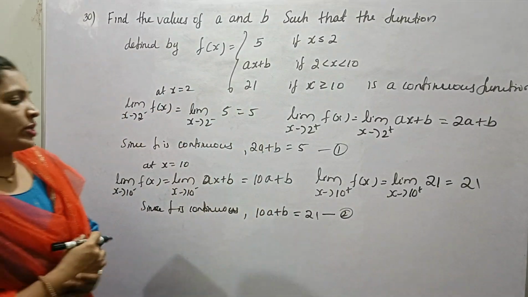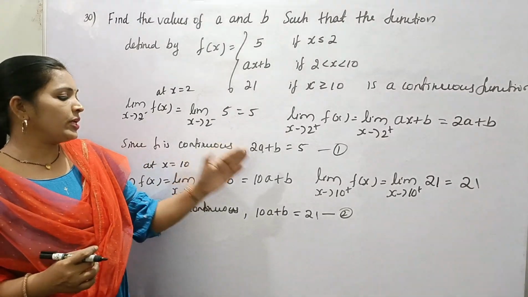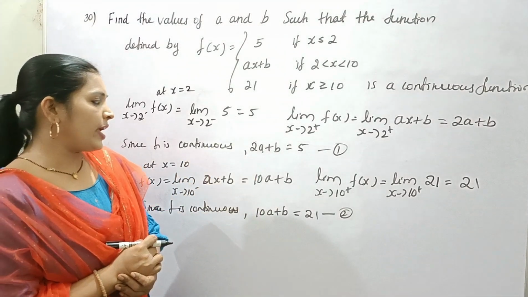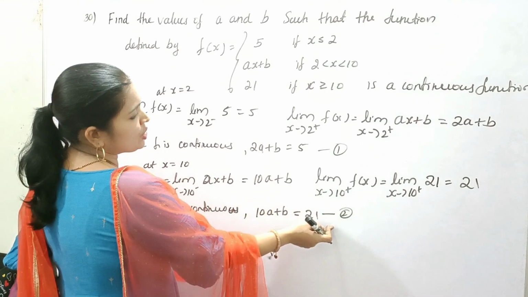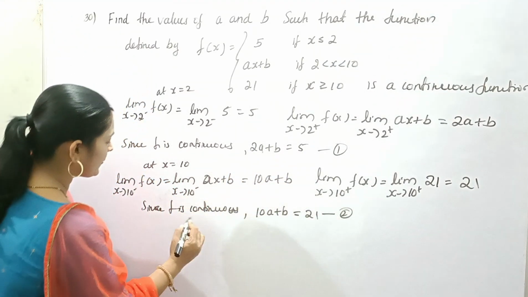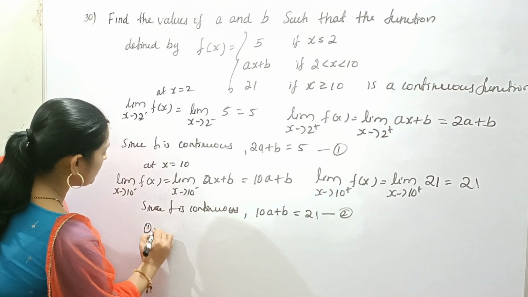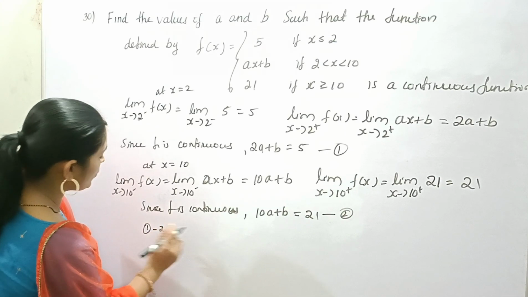So we have got two equations with unknowns a and b, so here we can find the values of a and b. Subtract equation 1 from equation 2.